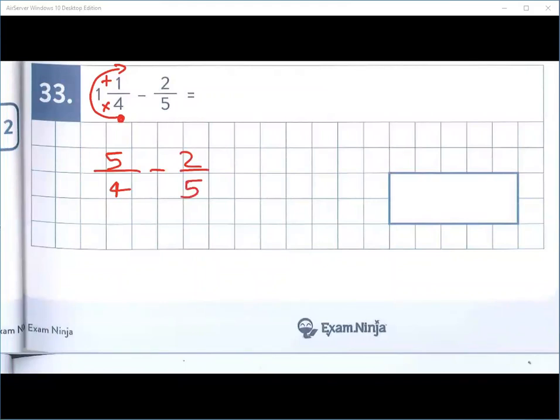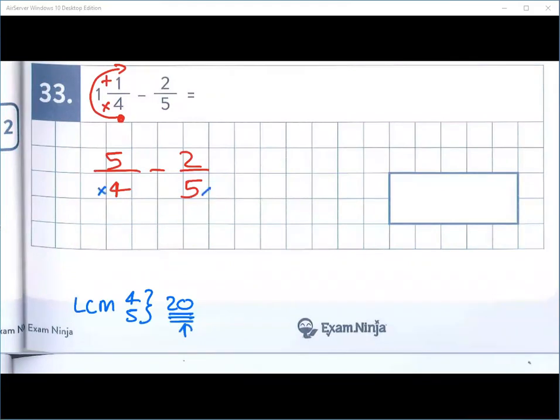And then you need to cancel. Okay, now remember what Aisha was saying. She said it for multiplication, but that's what the method is now. You need to get the same denominator at the bottom. So the lowest common multiple of 4 and 5 is what? 20. So we've got to change 4 and 5 into 20.